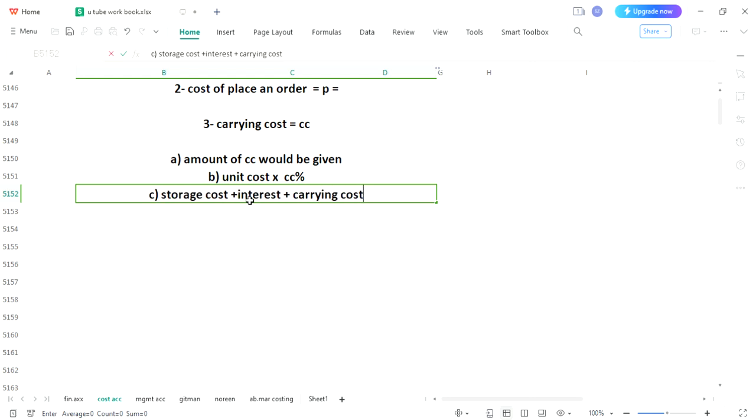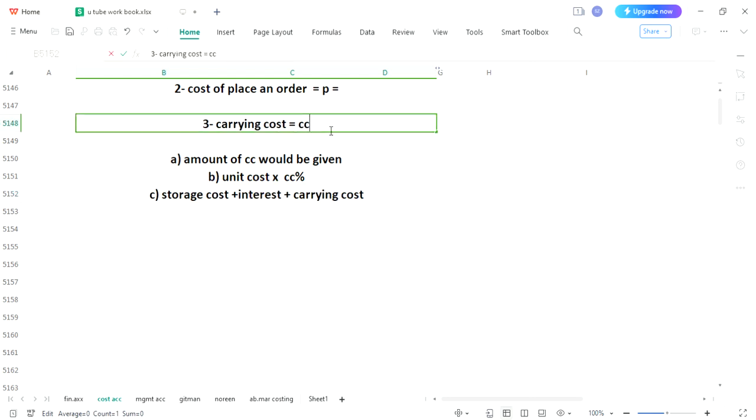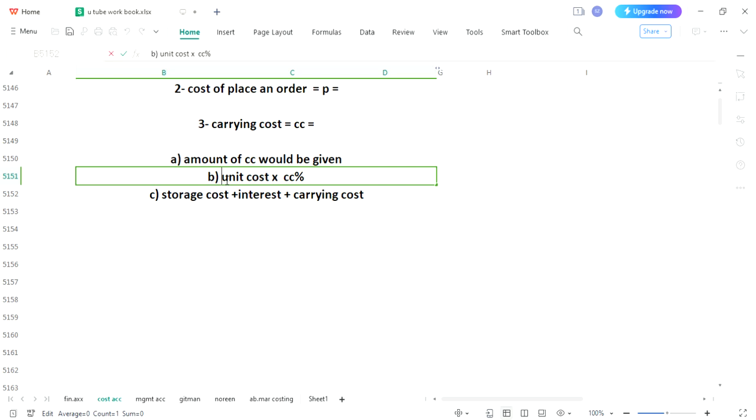So in this way, there may be three elements related to carrying cost present in your question, and you add all these three elements and finally get your carrying cost. So please understand it. It may be possible that an amount of carrying cost is given. It may be possible that a proportion is given, so you calculate your carrying cost by multiplying that percentage of carrying cost with unit cost. The third possibility is you will be given three different elements.